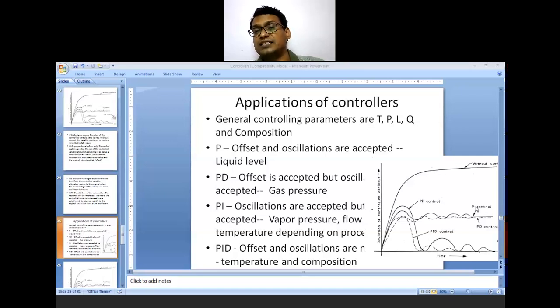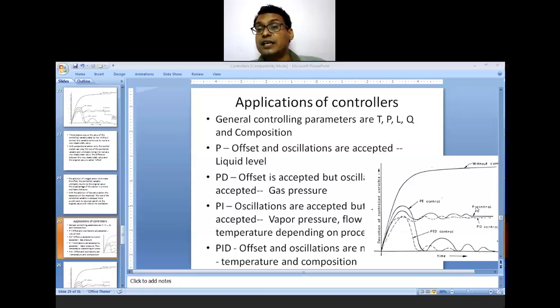In general, the liquid level in the tank can be accepted with this proportional controller, because the liquid levels can be slightly fluctuating, they cannot be standstill. So the offset as well as the oscillations can be accepted for the liquid levels.